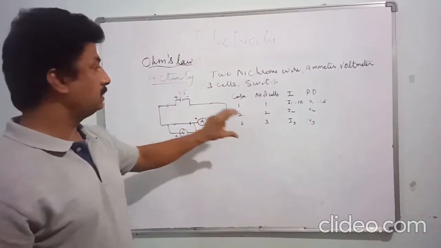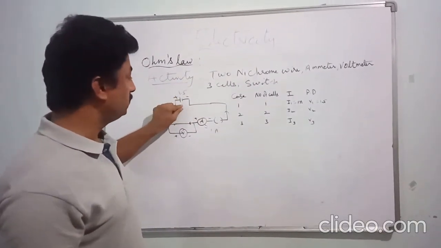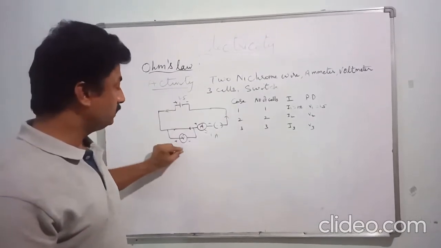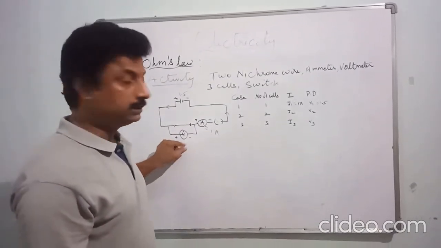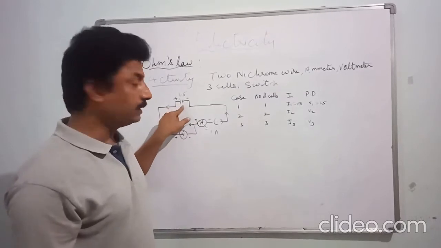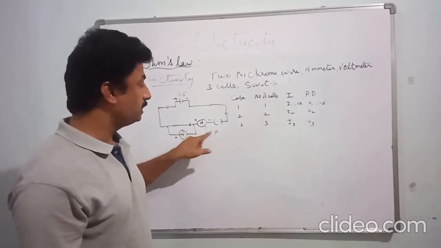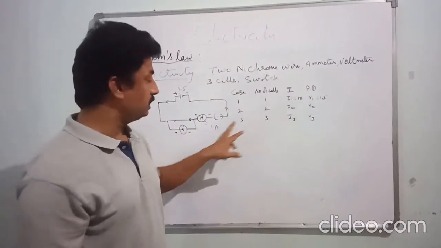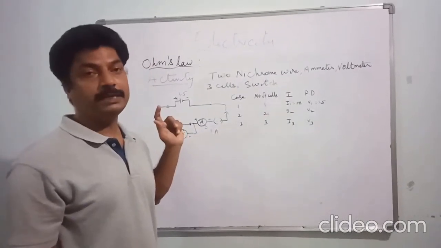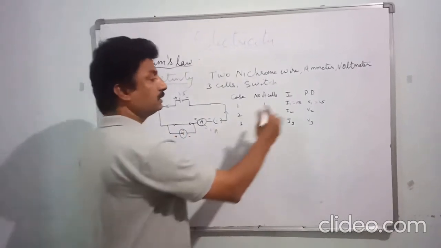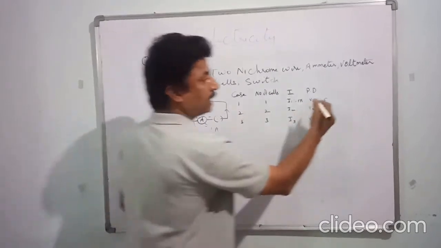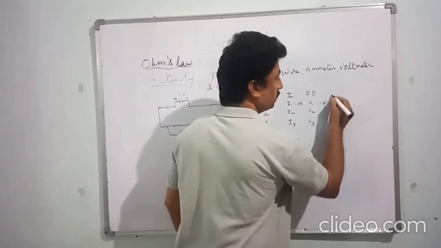This is how you will measure. The voltage is 1.5, which you will also get in the voltmeter. Each battery will be 1.5. Let us assume the current is flowing at 1 ampere. Fine. So, according to Ohm's law, there is one more factor.